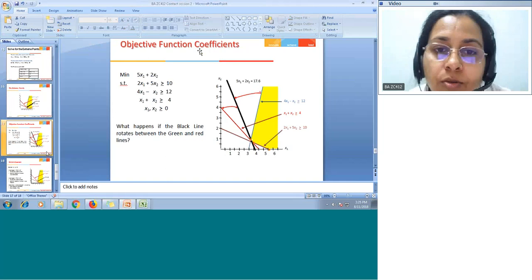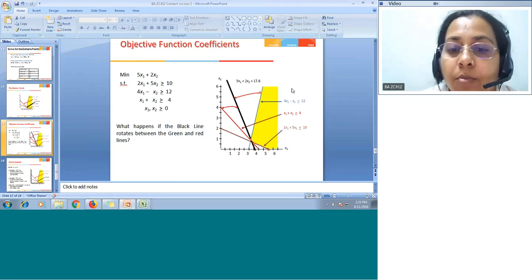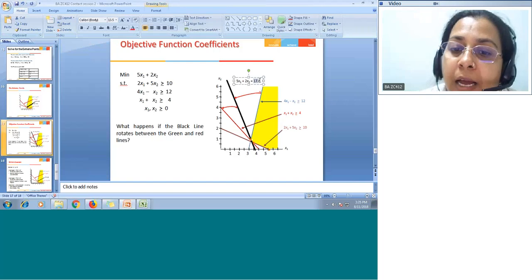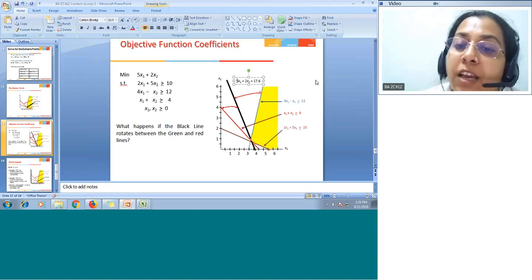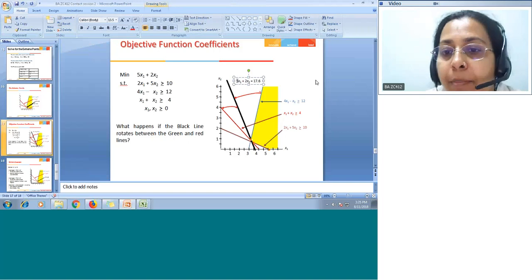And here I'm trying to give you the sensitivity analysis by graphical, how we change the objective function coefficients. So I want to remain with this minimum value. I don't want to change it, but I want to know how much I can decrease cost, or if the cost will increase from 5 to 6 for x1 raw material, suppose it's a raw material, what would happen?